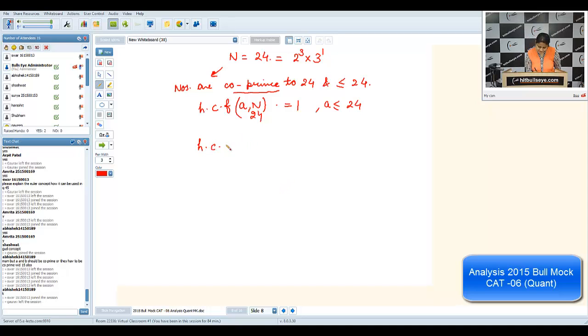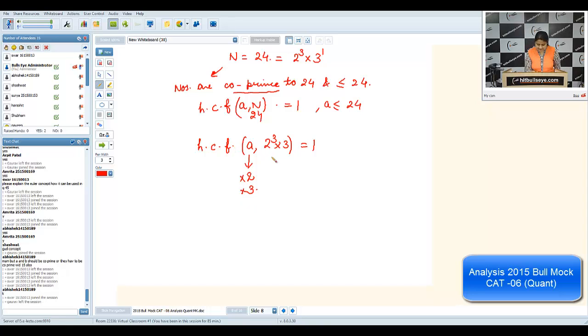If I want the HCF to be 1, A should not include any 2 or any 3. A should be independent of 2 and independent of 3 as well. Is it okay?